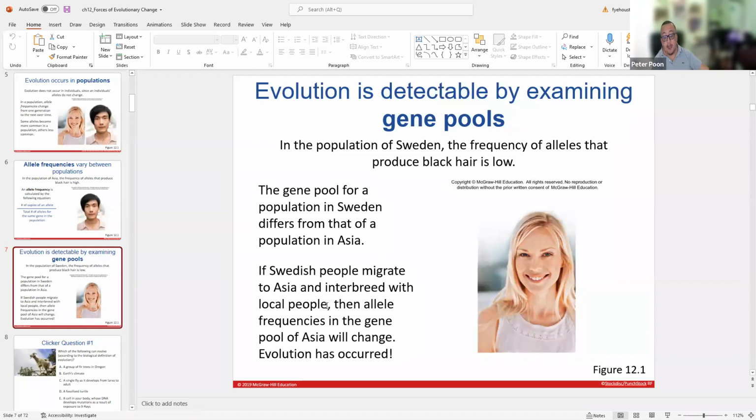If there was a group of Swedes who all of a sudden decided to move to Asia at the same time and interbreed with Asians, then all of a sudden there will be more blonde-haired, blue-eyed people in China. Those alleles will be more frequent in Asia or China, and therefore the allele frequency will change.